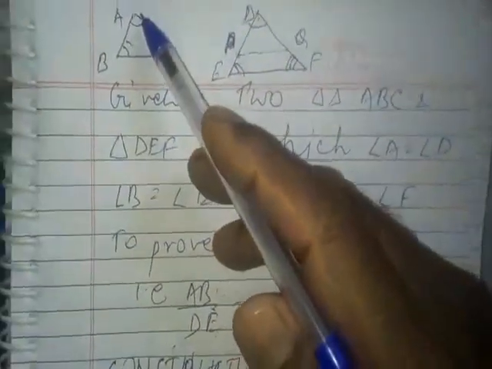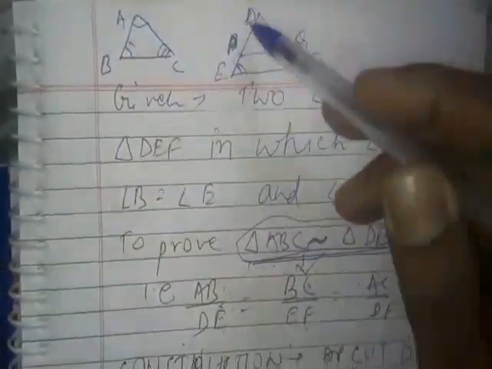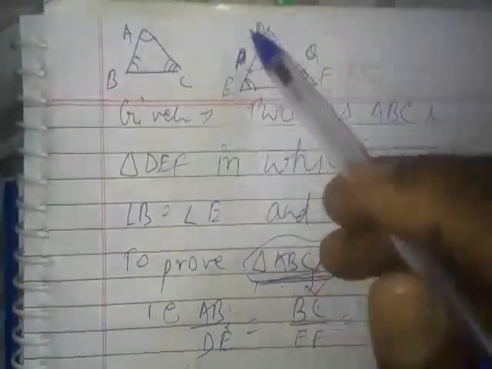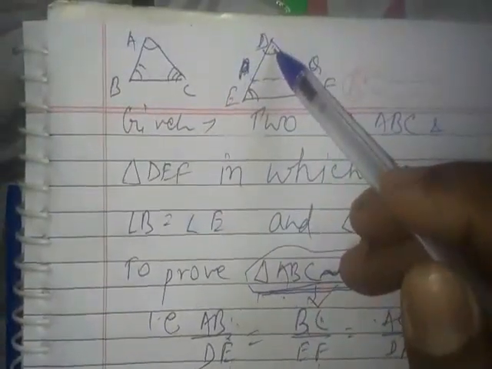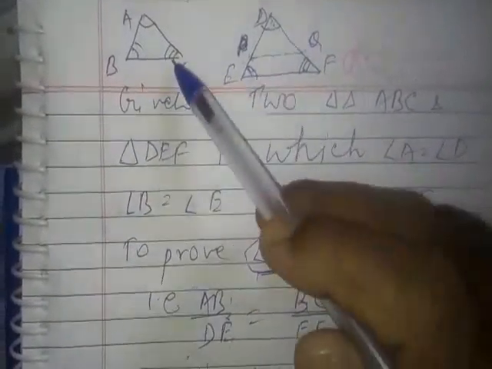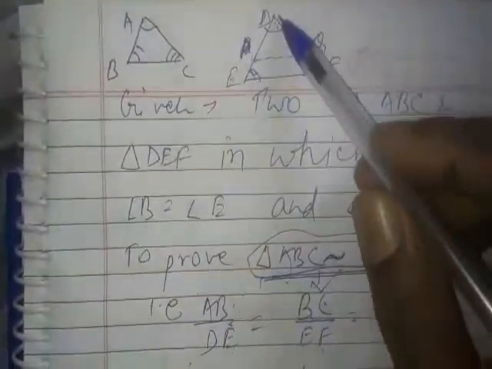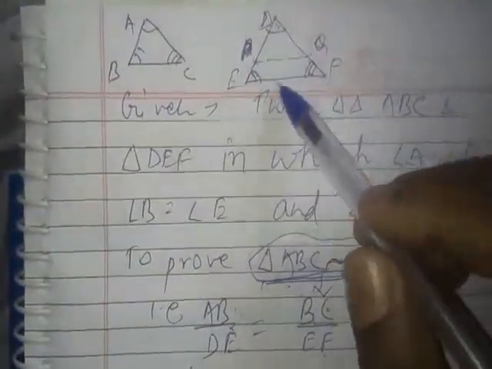Now, we have two triangles, triangle ABC and triangle DEF, in which angle A is equal to angle D, angle B is equal to angle E, and angle C is equal to angle F. The three angles of one triangle are correspondingly equal to the three angles of another triangle.